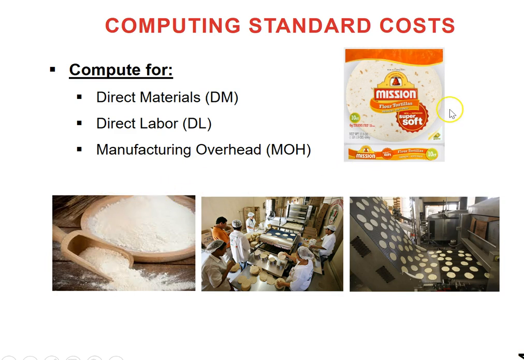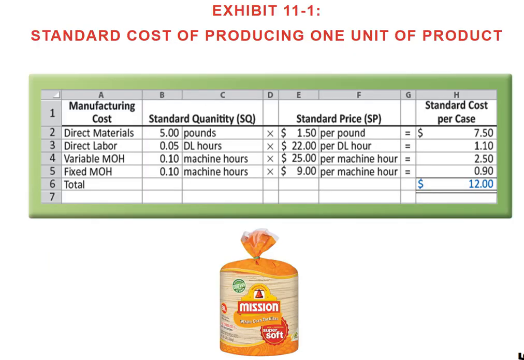So the direct material of these tortilla breads will be the flour, and you can visualize the direct labor, the people who are working in the factory, and they may have different types of manufacturing overheads, such as the depreciation of their machines, or tax, insurance, or any other factory related costs.